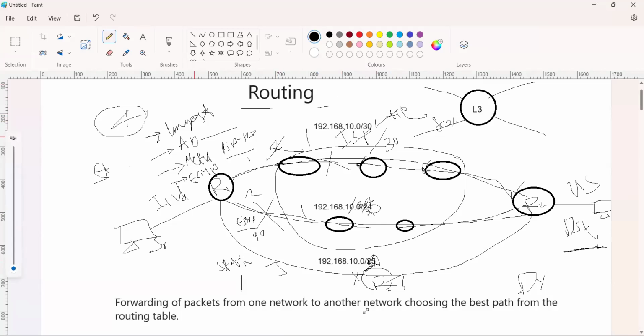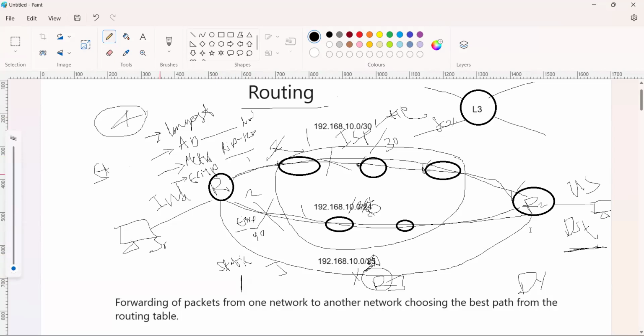In between, whichever has the lowest AD value will be checked. Static has an AD value of 1, EIGRP has an AD value of 90, and RIP has an AD value of 120. It will elect the lowest AD value, so the lowest is static, and it will elect static.